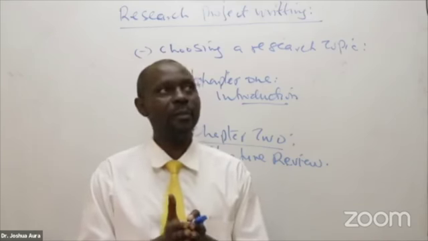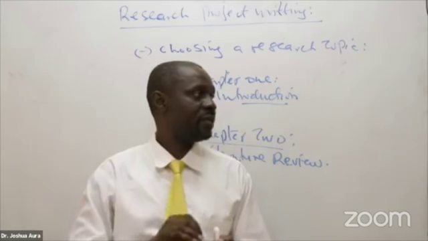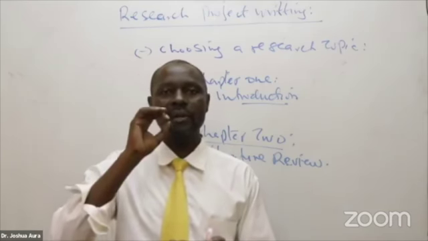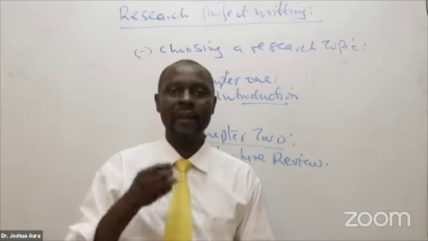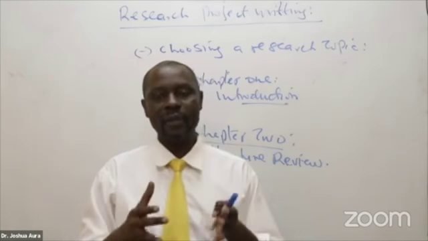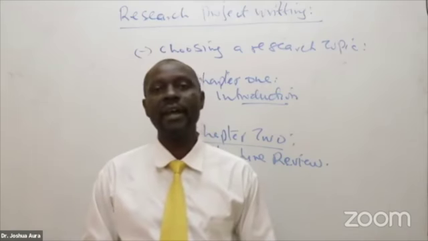Therefore, it's at the point of literature review that you indicate the various writings that have been written by various people, right? Then at the end of it, you do a departure from what has been written by other people.